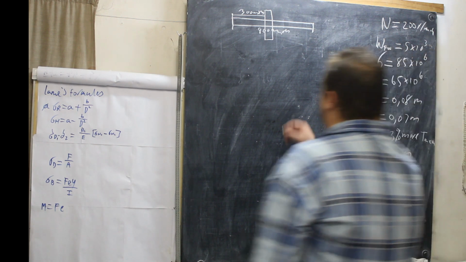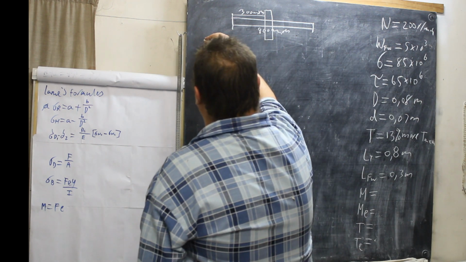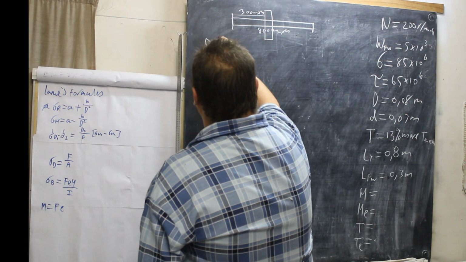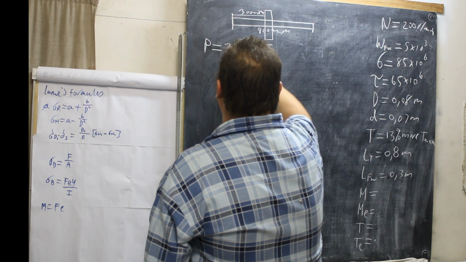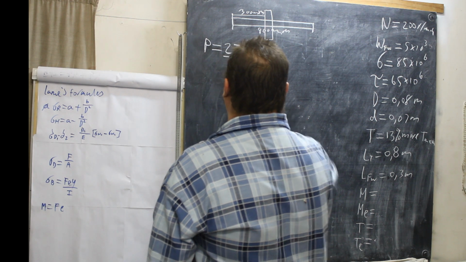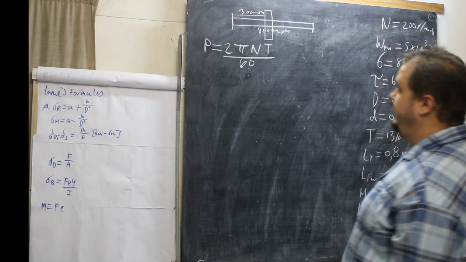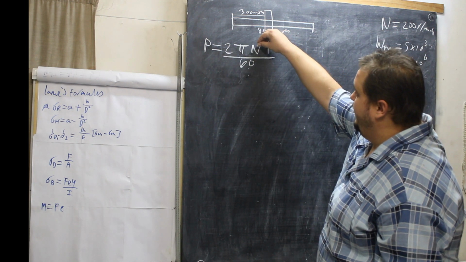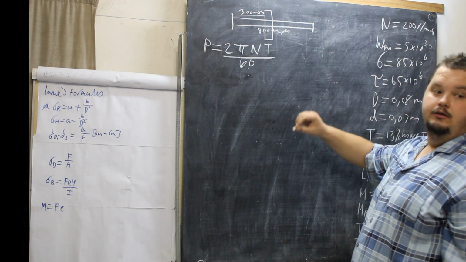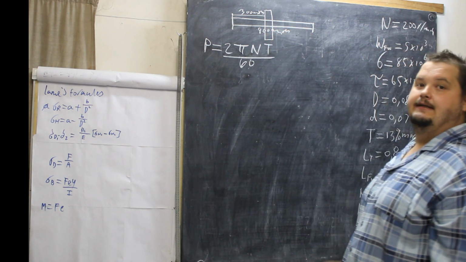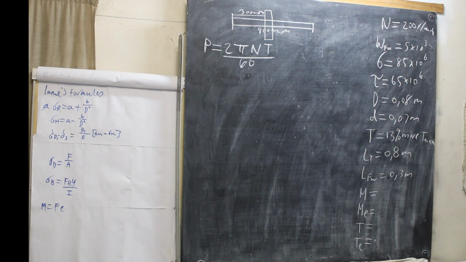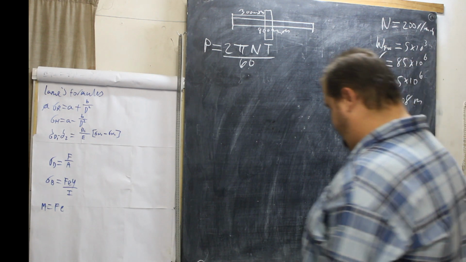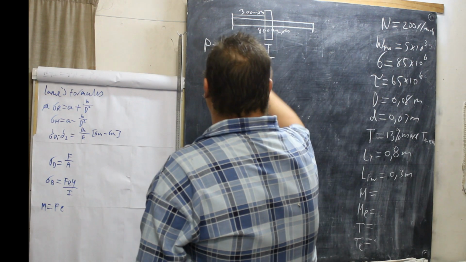Because we're working towards this formula here: P equals 2 pi NT over 60. Now, what we have for this formula is N, we don't have T. We need to work out what T is.